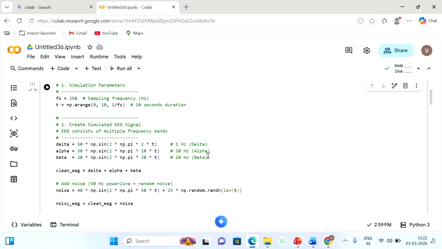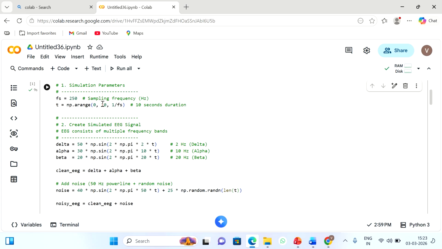And one more thing, in the simulation parameter, Fs is equal to 250. So we are getting 0 to 10, where the final value 10 is divided by 250. So 10 by 250, what is the value?